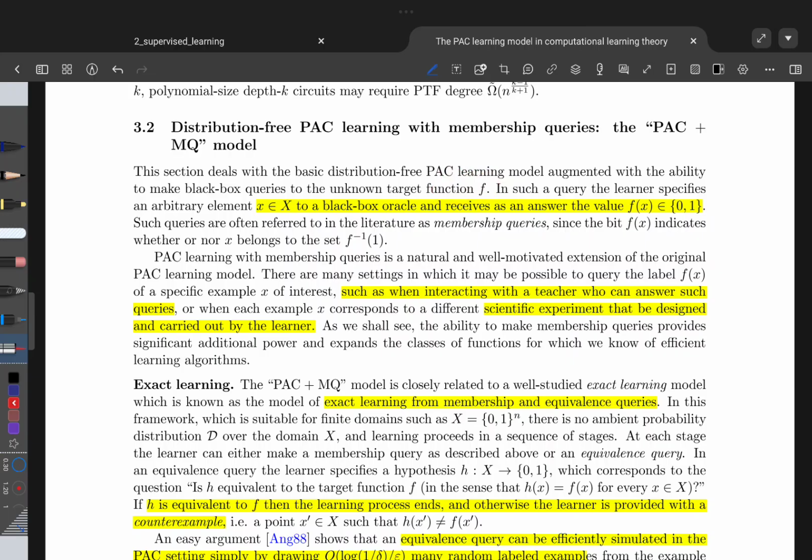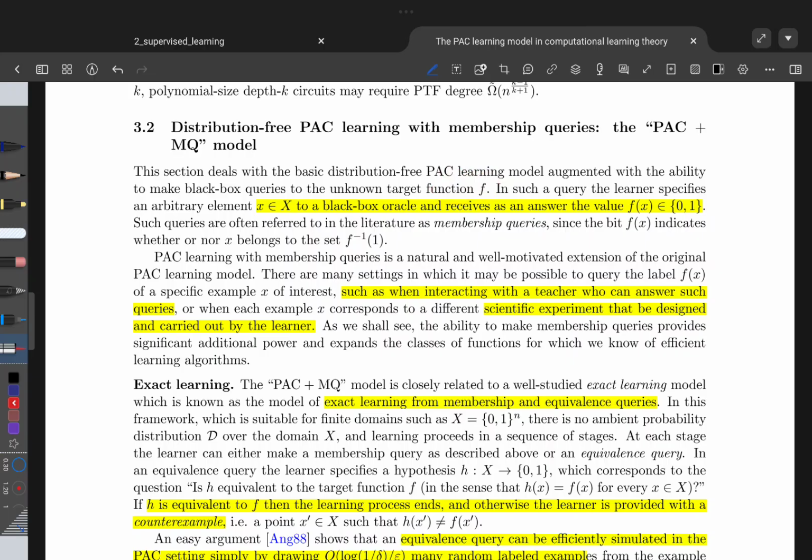So for example, at the very extreme, instead of observing m random observations, suppose the learning algorithm is allowed to ask m queries. What is the value of f of 0,0,0,0,0?